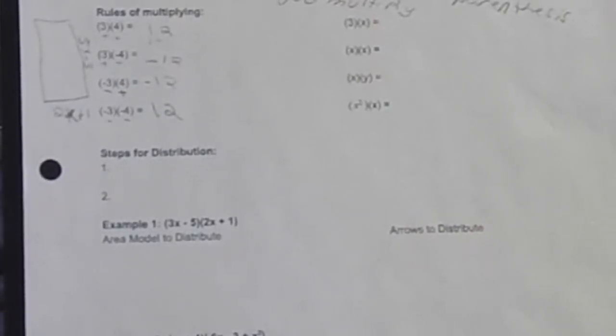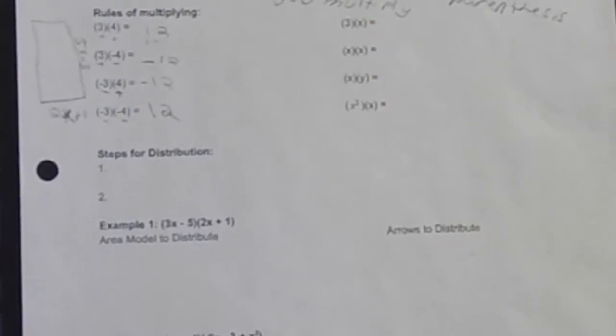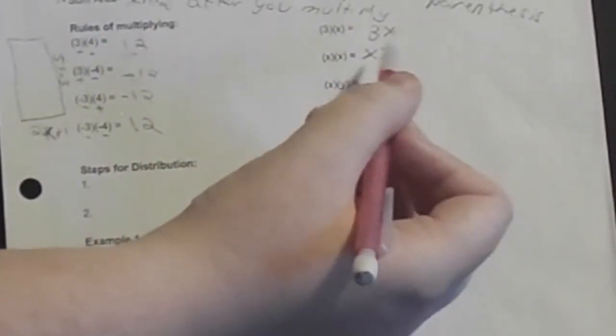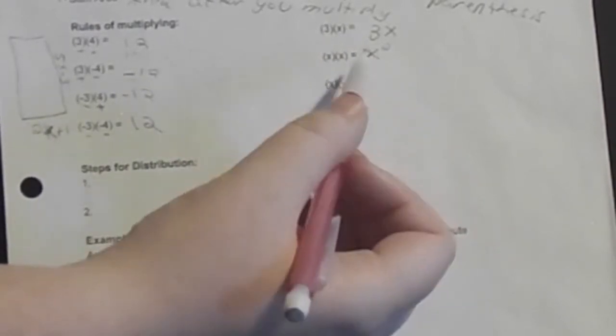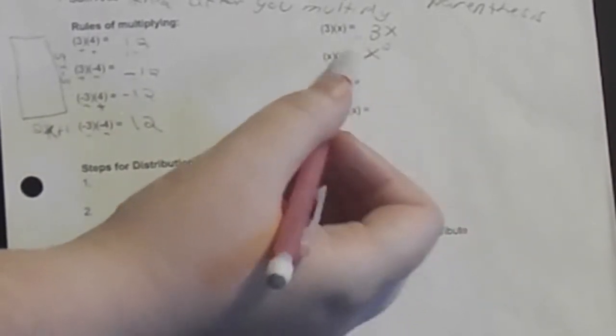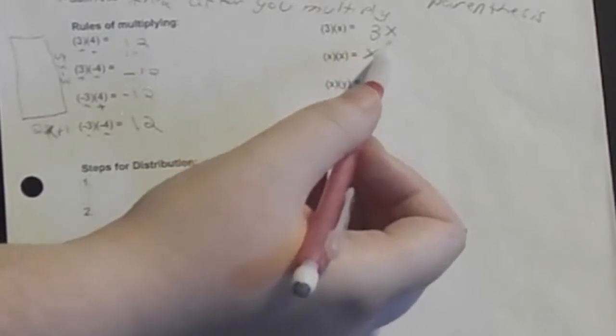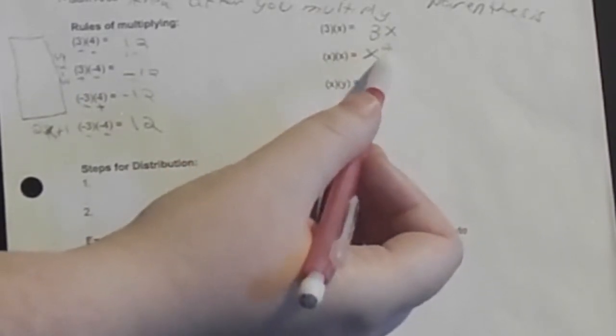With letters, remember a number times a letter, like 3 times x, is just 3x. X times x becomes x squared because the exponent tells you how many times you're multiplying something to itself. So this little 2, it's tiny and it's always in the right hand corner and it's called an exponent. And we read this as x squared, or we could say x to the power of 2, because to the power of means it's an exponent. And it's how many times you're multiplying x to itself.